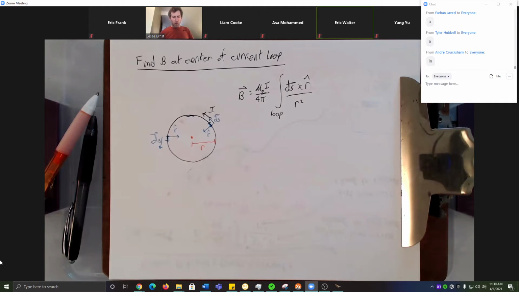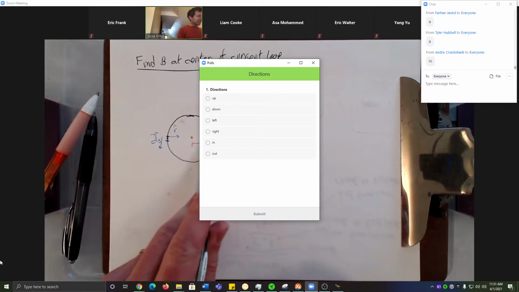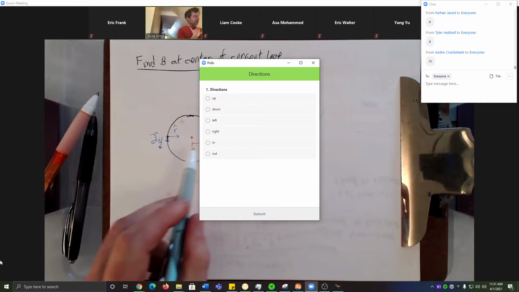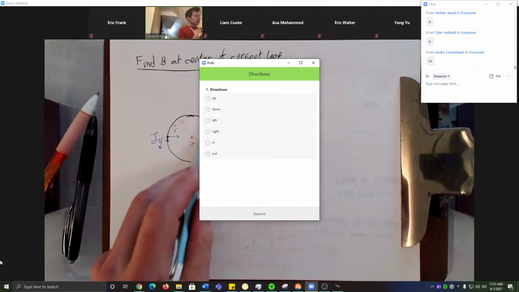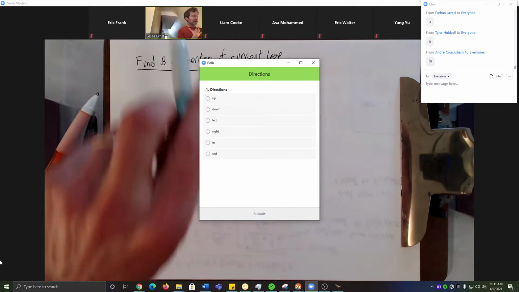Here, we'll do a poll. Direction of ds vector cross r hat for this element here. Remember, use the right-hand rule only to choose between two options. There are only two directions that are perpendicular both to ds vector and r hat.